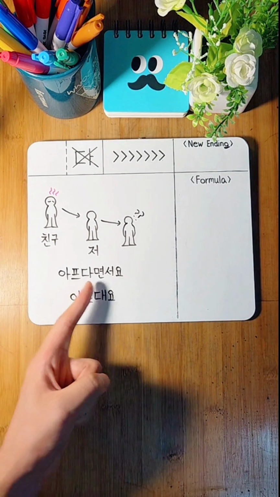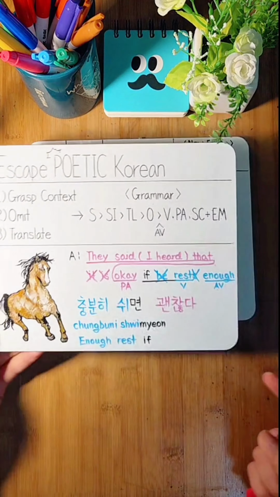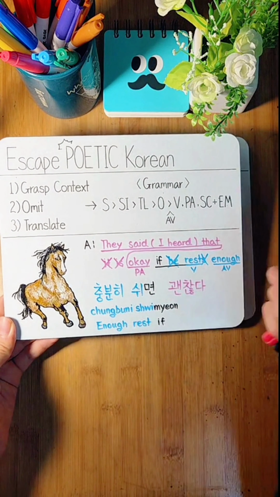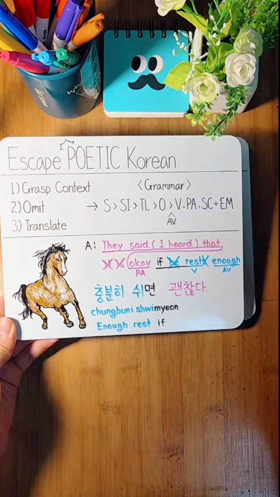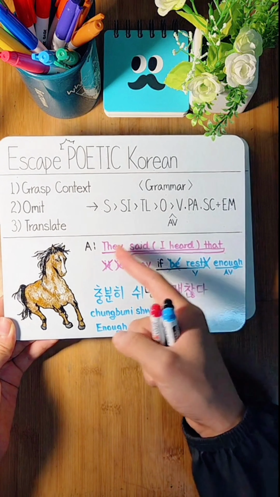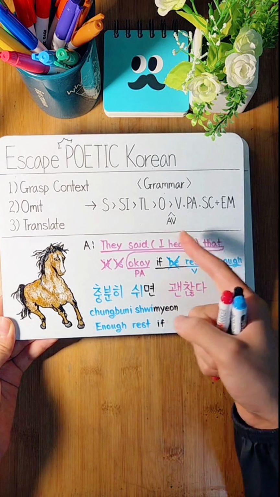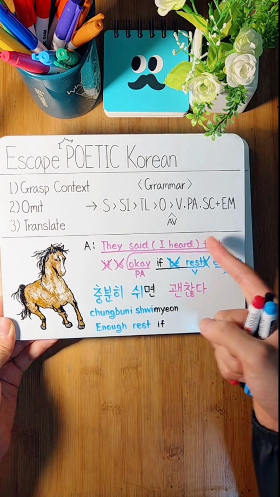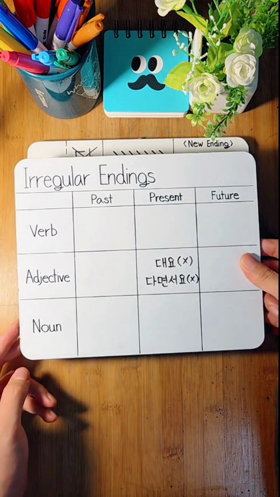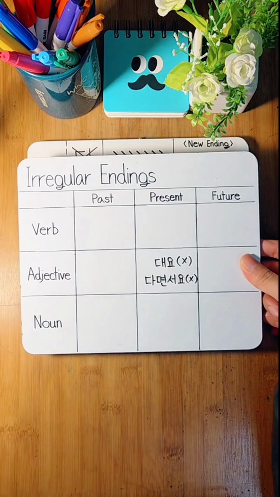Should I use 다면서요? So the context is, B asked, hey, he received treatment well, right? He's recovering well, right? And A says, oh yeah, I was told. They said, I heard, so reported speech, that it is okay. So, which one should I use? 대요 or 다면서요?